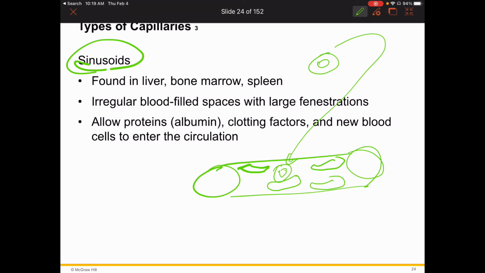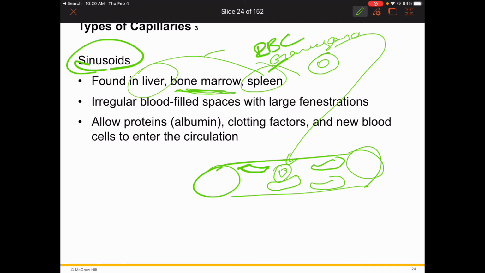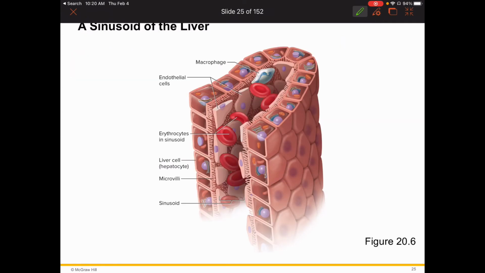We find this in places like the bone marrow, especially for new cells, and then the liver and spleen when we're filtering them out, especially the spleen, because remember, it is the RBC graveyard. I don't know how you can read my handwriting. I hope that's helpful. These are considered very large fenestrations or openings, and they're super big. So new blood cells, and also proteins, can pass. That's how those operate. And that's the image they gave you.